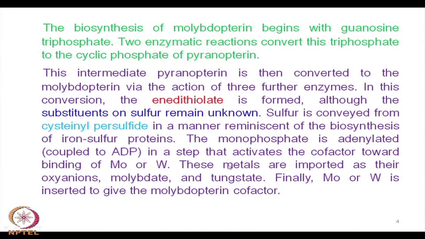When these metals are available, they are not in the free form; they are oxoanions, in the molybdate and tungstate forms, and they bind to the molybdopterin cofactor. So in situ we are generating this molybdopterin cofactor.